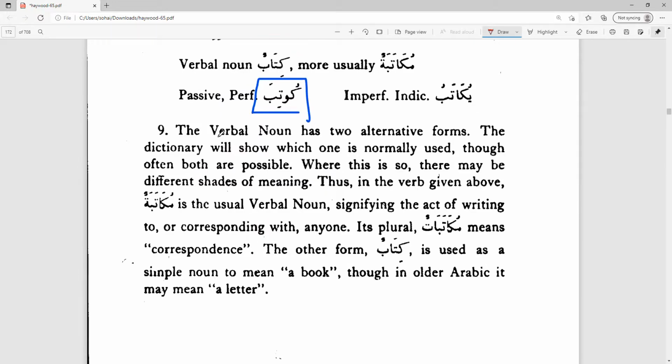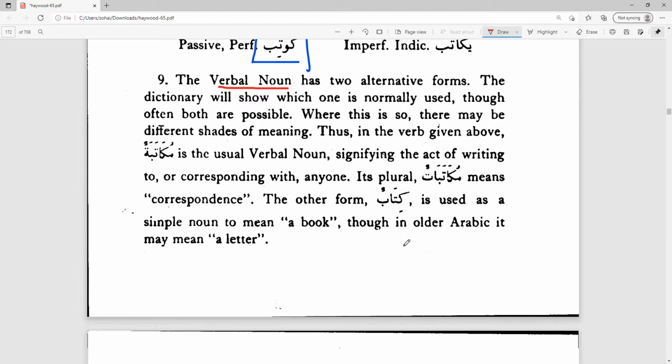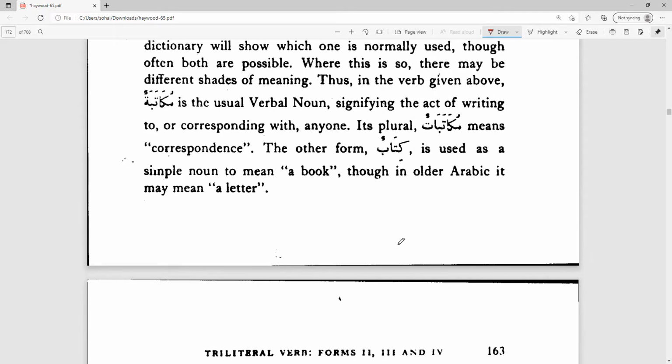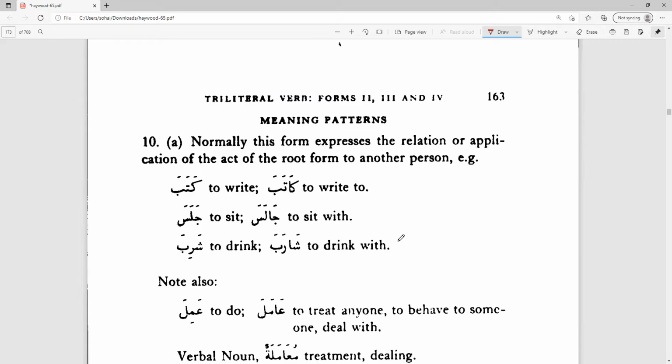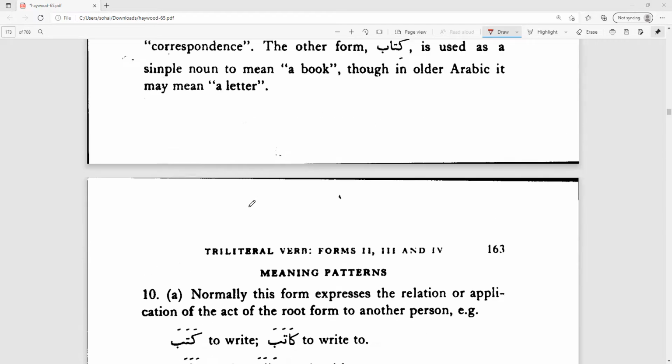Just, anybody remember the verbal nouns? Sudais, you remember the verbal nouns for these two? So the masdar, the verbal noun, is on the scale of taf'ilun. Yes, that's for which form? That is for the second form. It should be on the scale of taf'ilun. Yes, and for the third form?